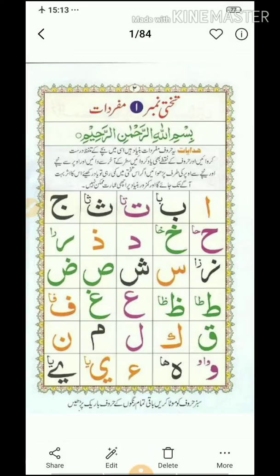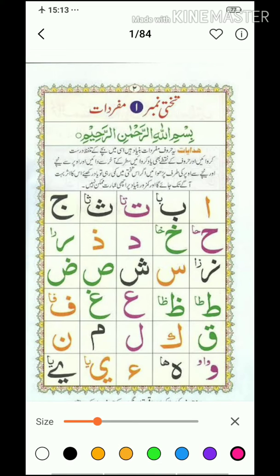Dear brothers and sisters, in my previous two parts of the lecture, we have learned how we can pronounce the first 20 letters. Now in this lecture, we will move further and I will teach you how you can pronounce the last 10 letters.